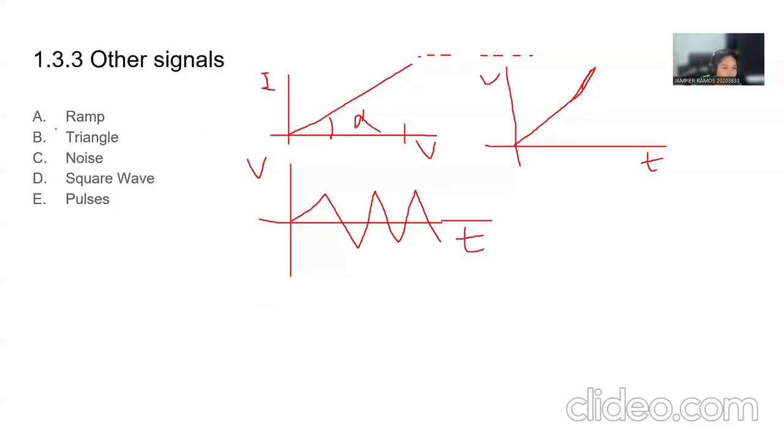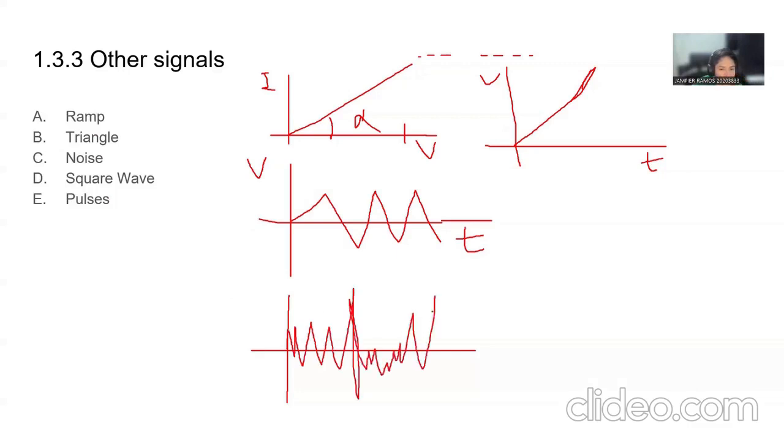El siguiente es noise signal. Y esta señal es bastante estudiada porque todo circuito tiene ruido y no queremos tener ruido, ¿cierto? Lo que se habla en el libro es de un tipo de ruido específico, el cual es el ruido blanco gaussiano. Más o menos, bueno, este es el pulso.